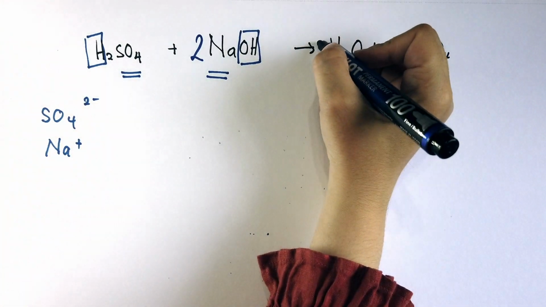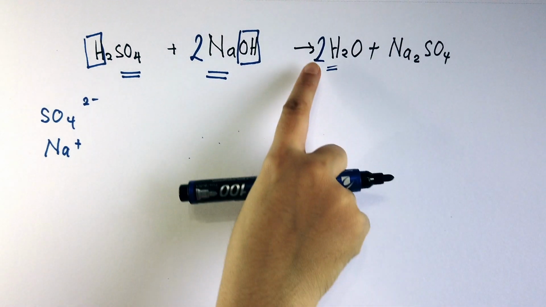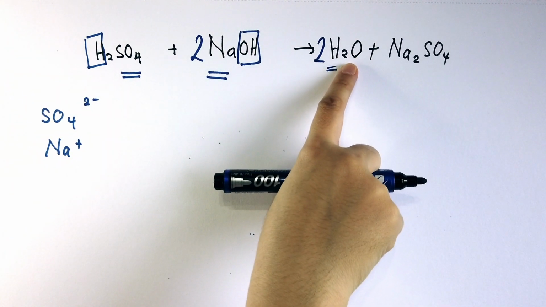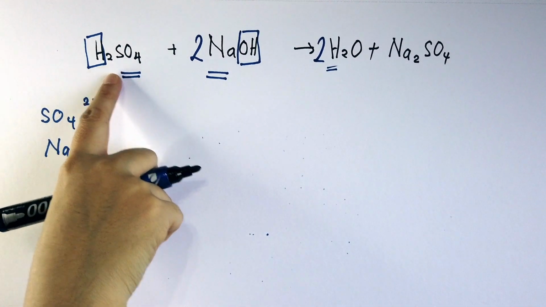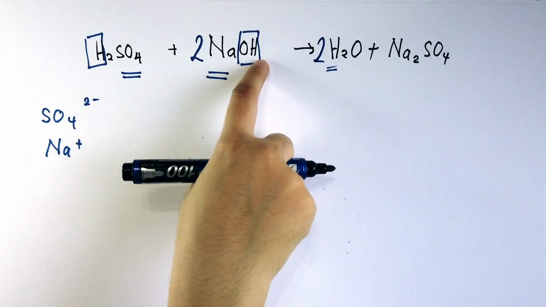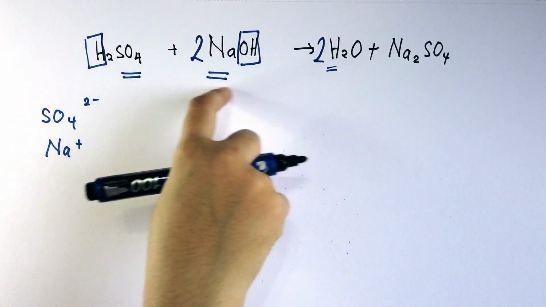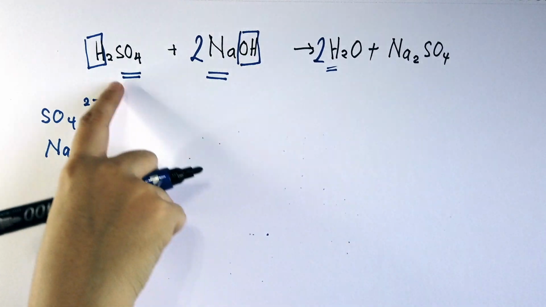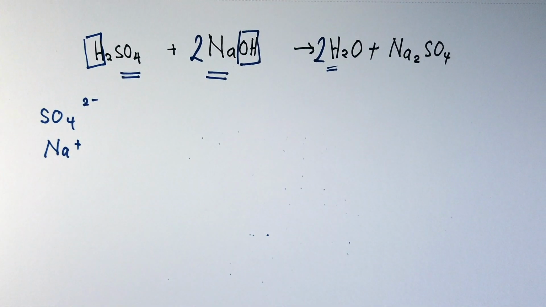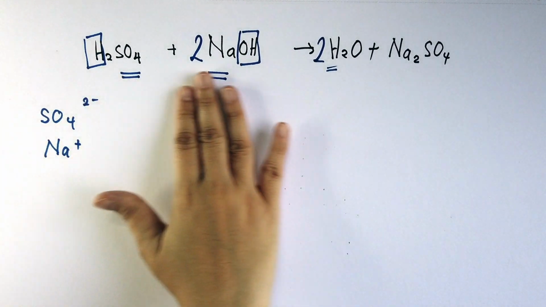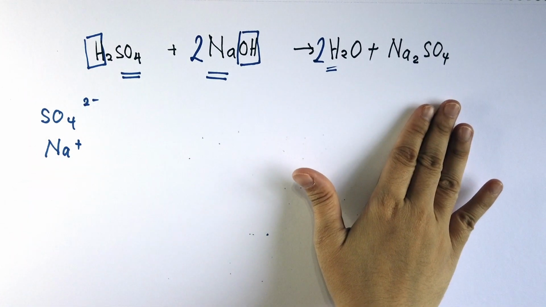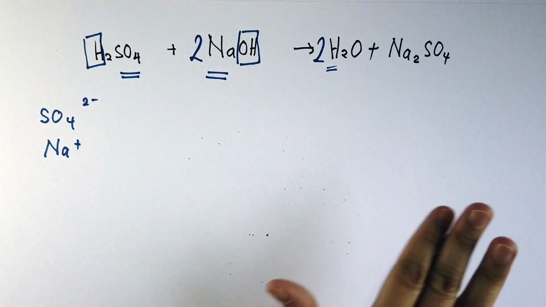So you need to times 2. So 2 times 2 equals 4. Here you have 2 times 1 equals 2, plus another 2 is 4. So this is your balanced equation. This is balanced already.